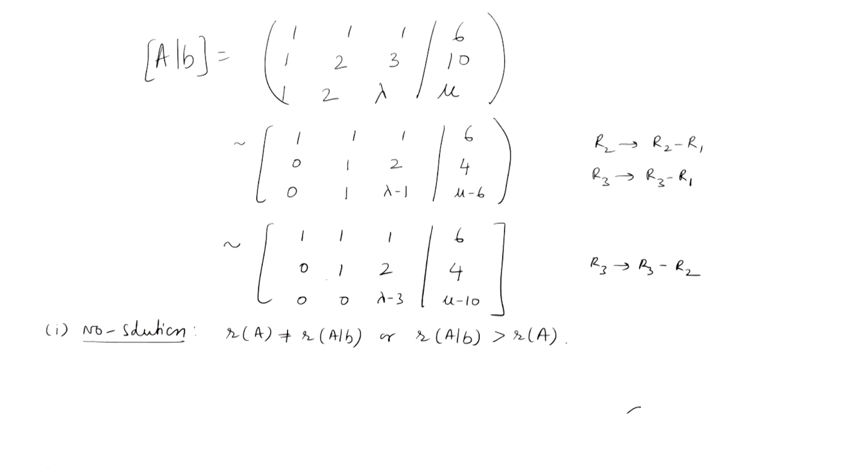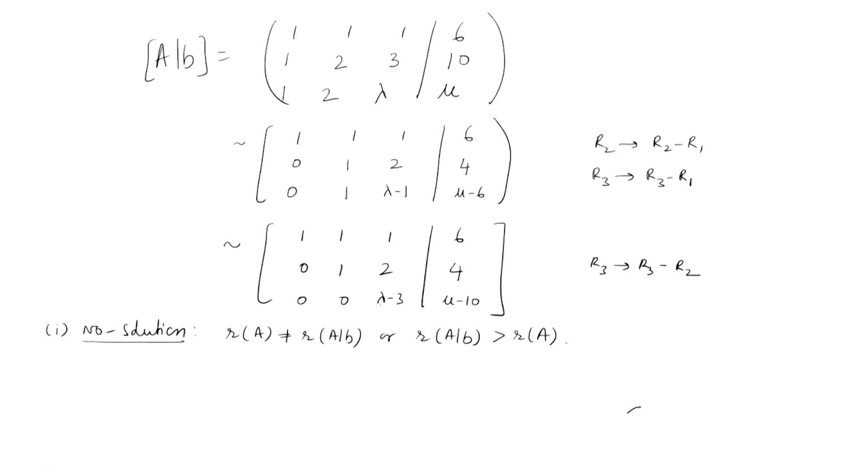Now, the rank of A cannot be less than 2, because we have seen that there are 2 non-zero rows. So, rank of A is at least 2. It will be 3 if lambda is not equal to 3, and it will be 2 if lambda equals 3.